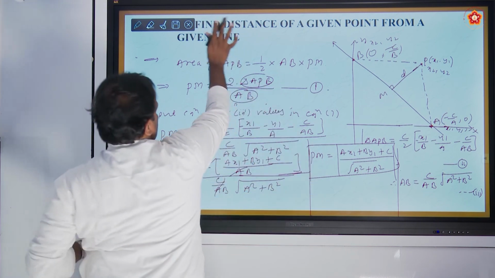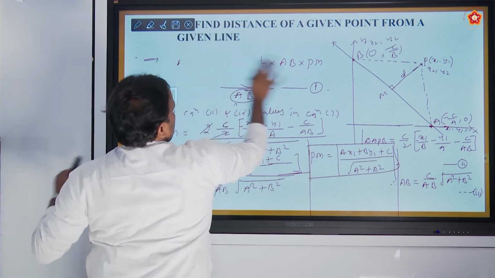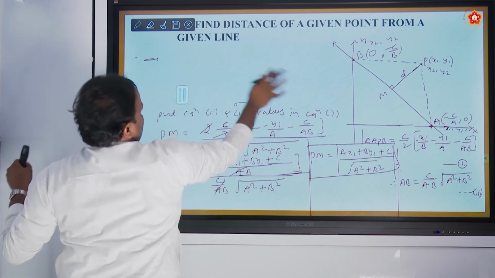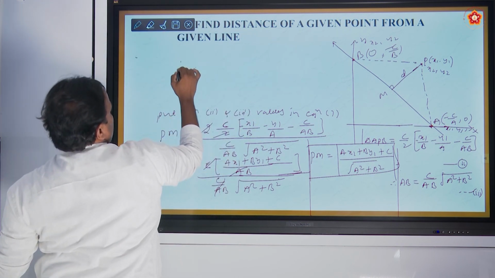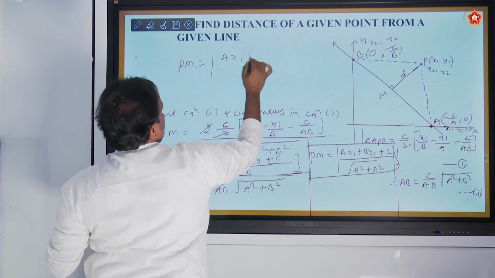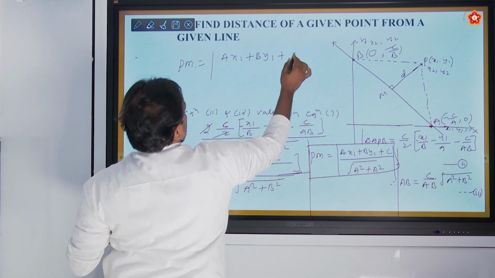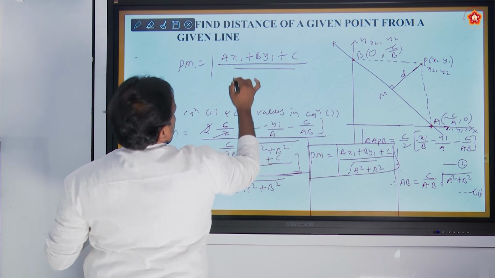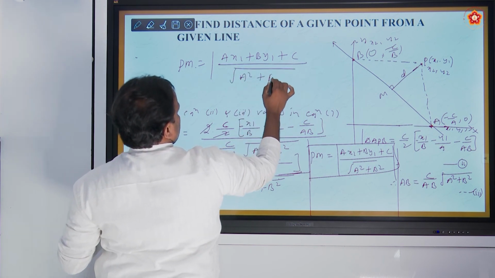Once again, I write here the same formula. PM is equal to the length of perpendicular, PM is equal to mod of AX1 plus BY1 plus C dividing by root of A square plus B square.